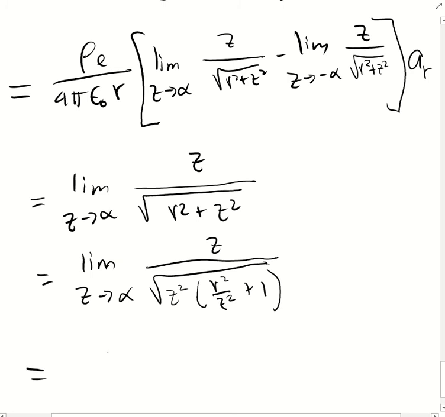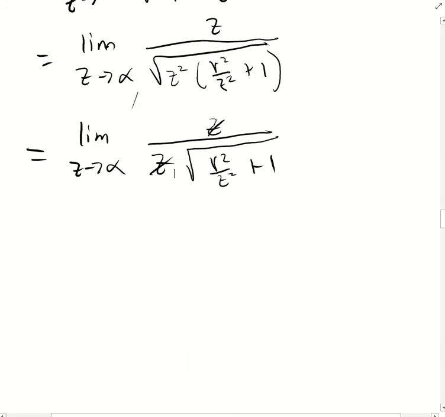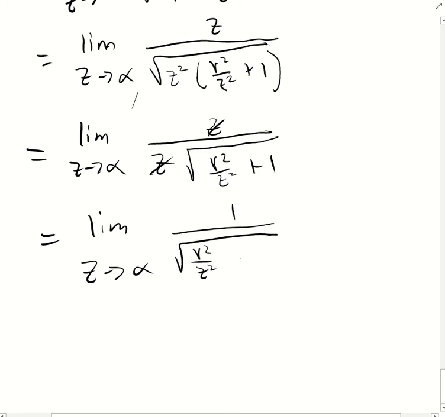So, ito, magiging the limit as z approaches infinity of z all over, square root of z squared is just z. Then, dito, magiging r squared over z squared plus 1. Magkakancel yan. Then, ano matitira? So, this will be equal to the limit as z approaches infinity of 1 all over the square root of r squared over z squared plus 1.